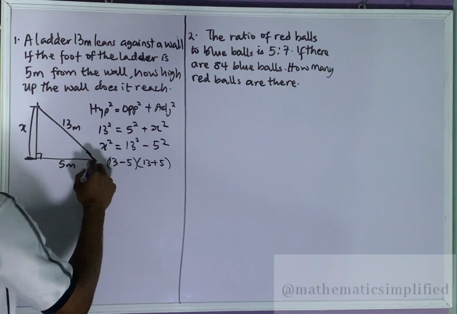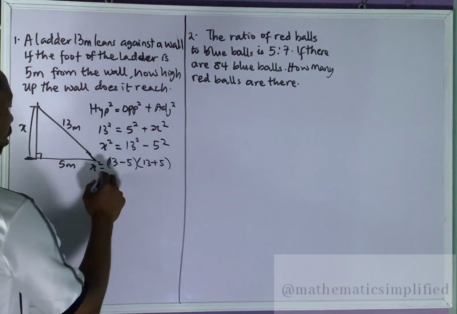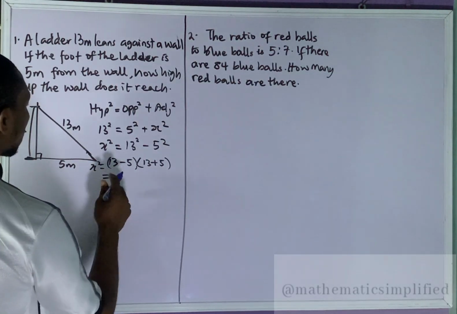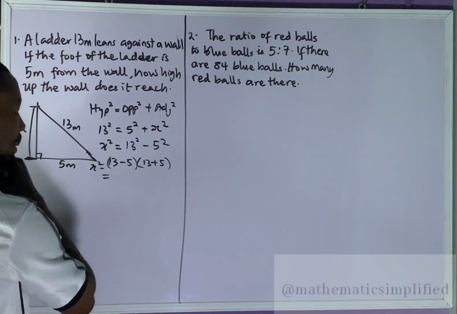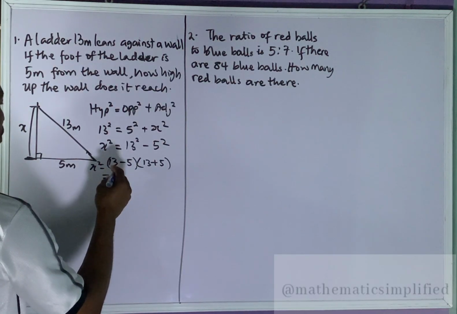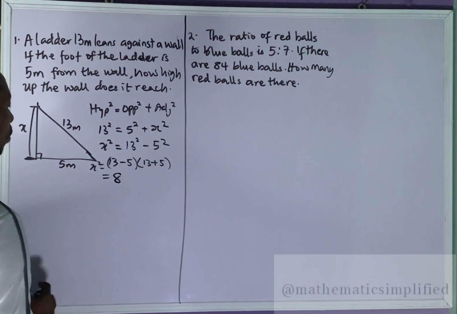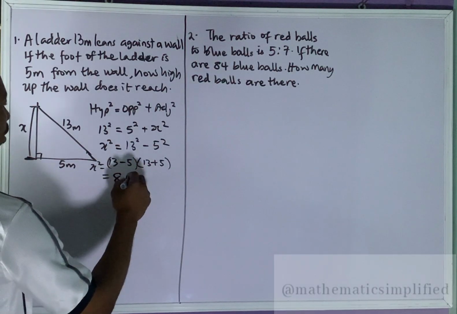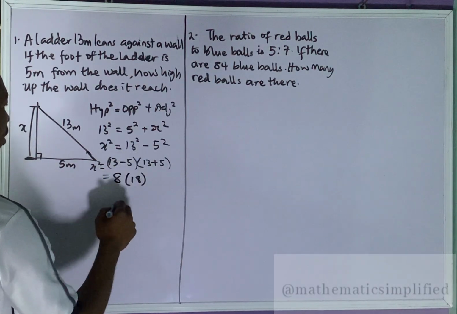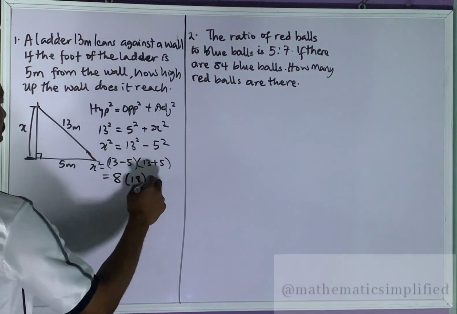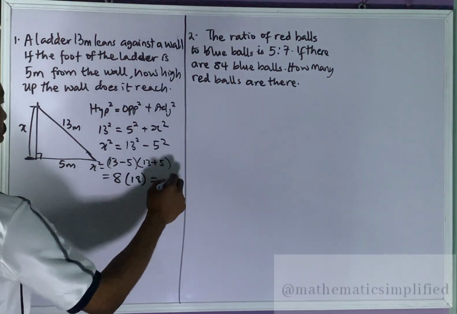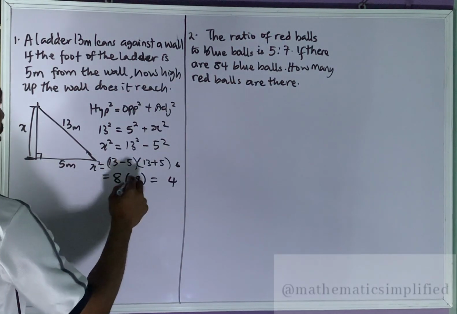Okay, that is giving us x squared. 13 minus 5 is 8, and 13 plus 5 is 18.